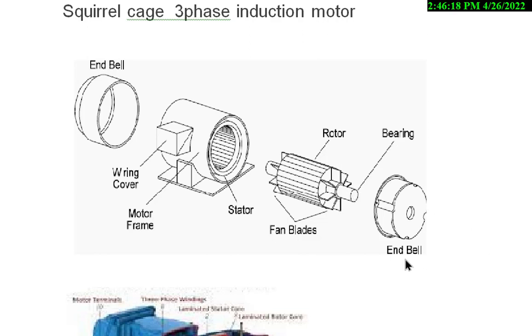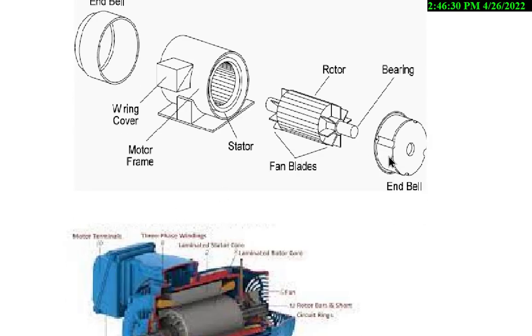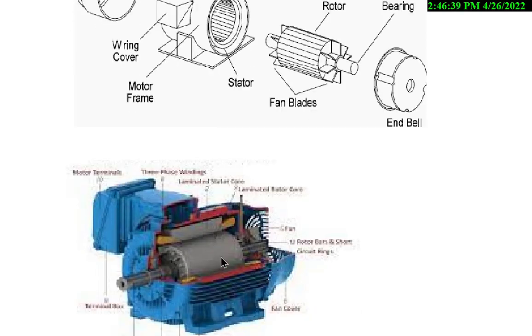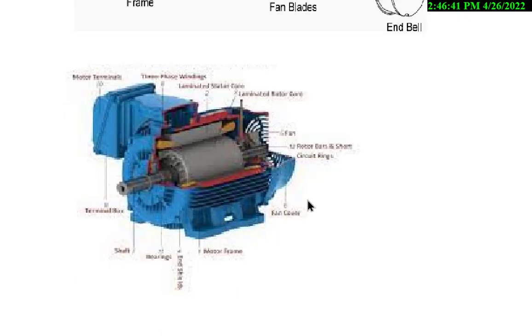And this is the bearing, and this is the end bell. This is also end bell. This is the wiring cover or terminals, and this is the motor frame or yoke. Once all these components are inserted into the stator, this is called stator winding. Then the motor will appear like this.